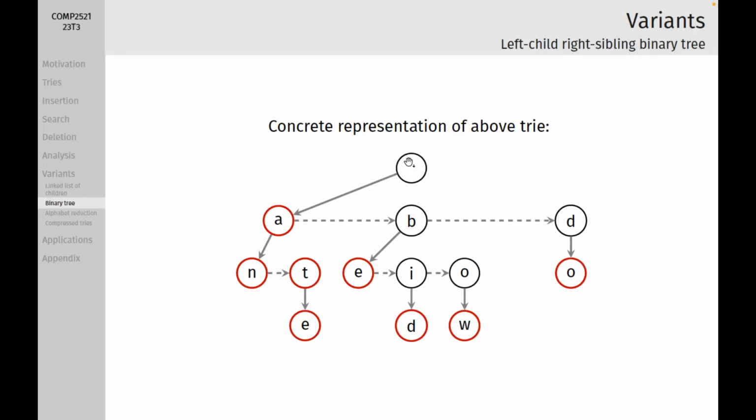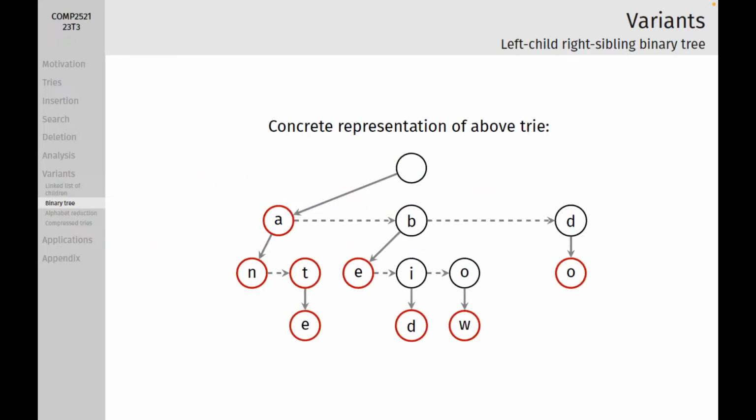Starting from the root node, we need to see if we have a child corresponding to B. So we follow the child pointer to A, and then we follow the sibling pointers to see if there is a node containing B. A has a sibling containing B, so that means the root node has a child corresponding to B. Now from B, we want to see if B has a child node corresponding to O. So we follow the child pointer of B. That takes us to the first child, which is E, and then we follow the sibling pointers to see if there is one corresponding to O. We find it, and then we need to see if O has a child node corresponding to W. So we follow the child pointer of O, and the first child happens to be W. So we found the word bow.